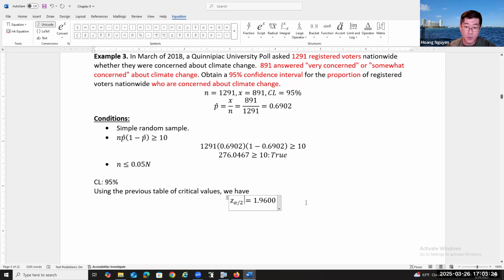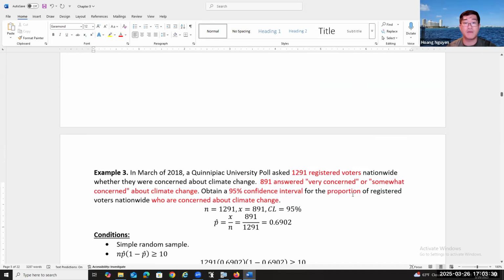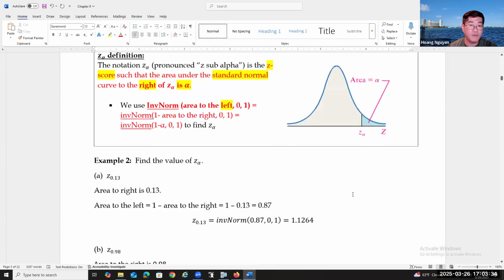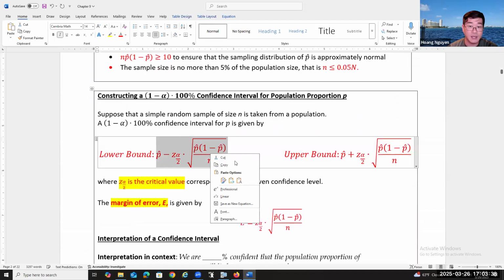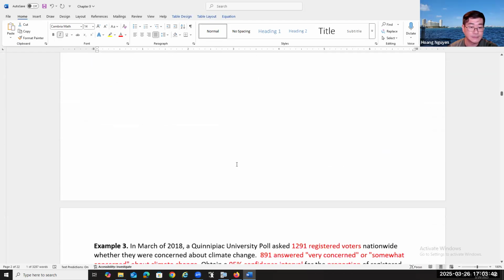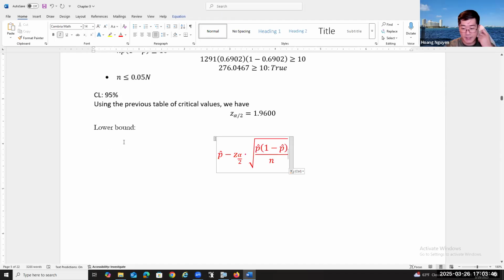Okay. So we got everything ready. Now we're ready to calculate the lower bound. Okay, so let me copy the formula for the lower bound. Okay. So the formula for the lower bound, we have this one. Now I'm going to substitute into the formula then.